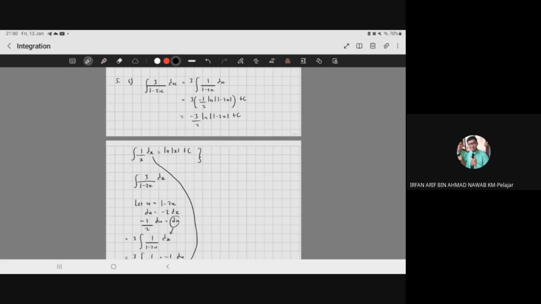Basically, one of the techniques of integration is u substitution, because there are a lot of methods. We have trig substitution, u substitution, integration by parts. There are a lot of methods to solve, but no worries.